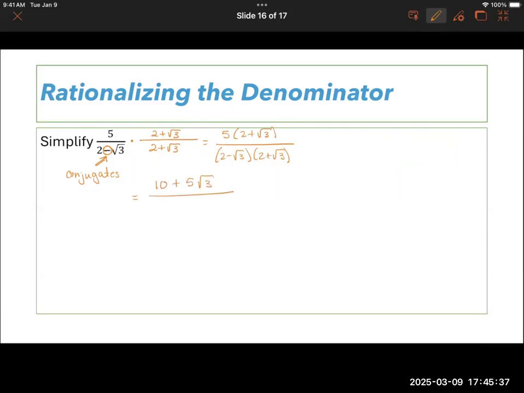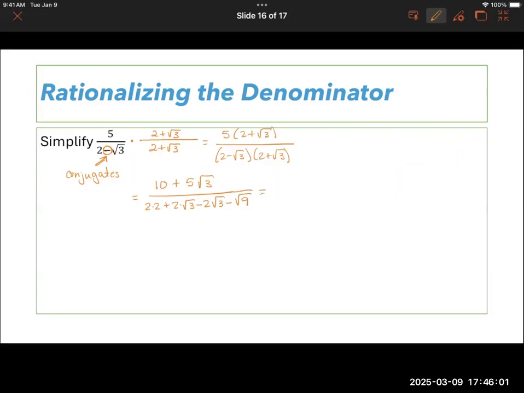If we use FOIL on our denominator, we've got 2 times 2 plus 2 times root 3 minus 2 times root 3 minus root 3 times root 3, which is root 9.